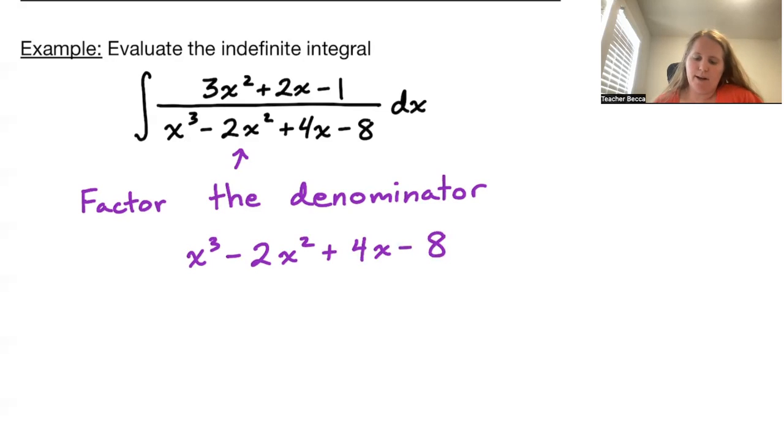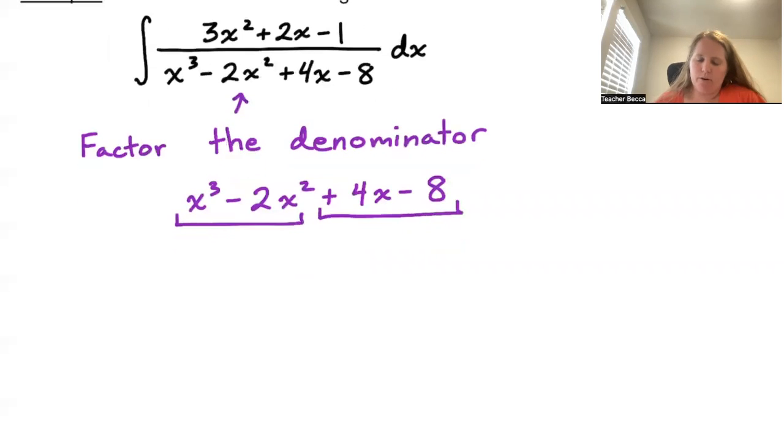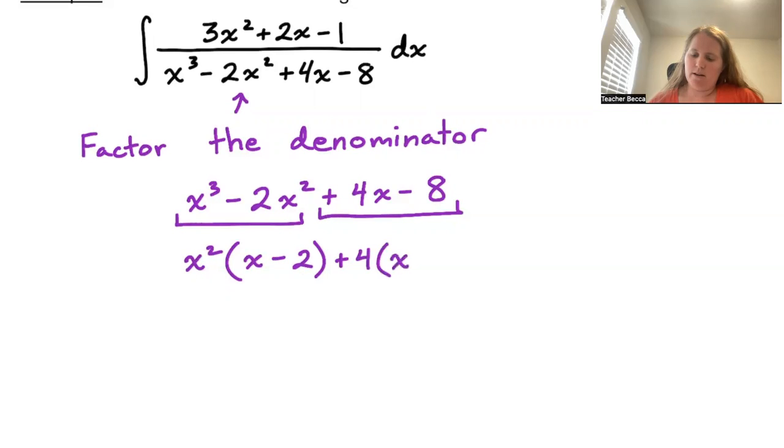If we try factor by grouping, that first group, x cubed minus 2x squared, we can pull out an x squared. We are left with x minus 2. In the second group, plus 4x minus 8, we can pull out a plus 4. We are again left with x minus 2.